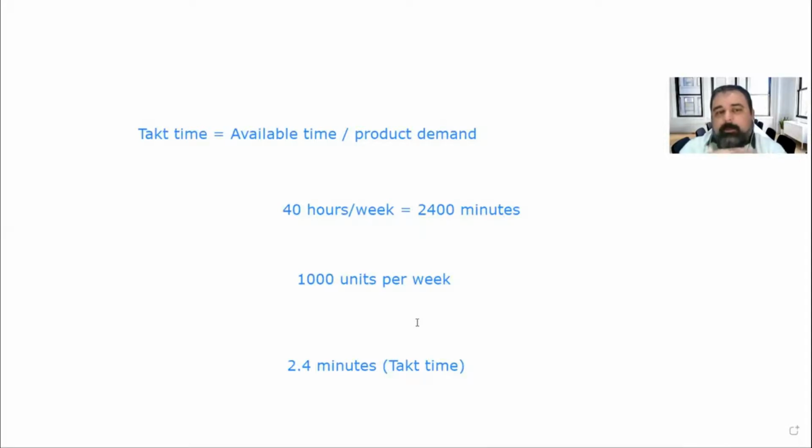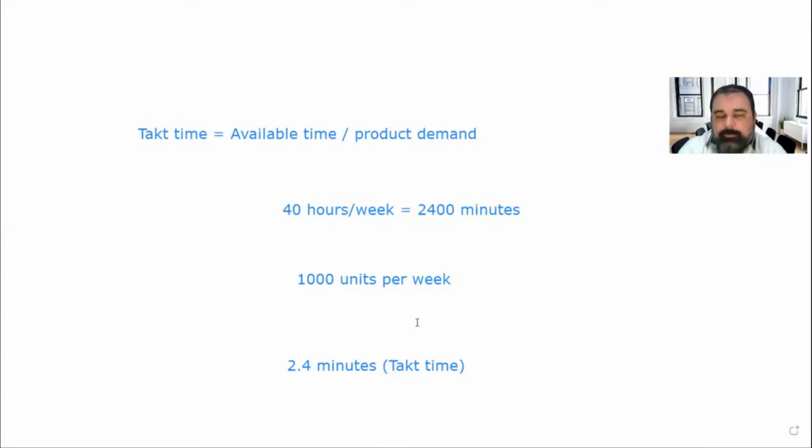And this should be recalculated every week or so, or at least every month, depending on how frequently your market demands are updated. So this is one of the main tools used for just-in-time, and it's also used to communicate to suppliers what their rhythm should be to resupply your assembly line.